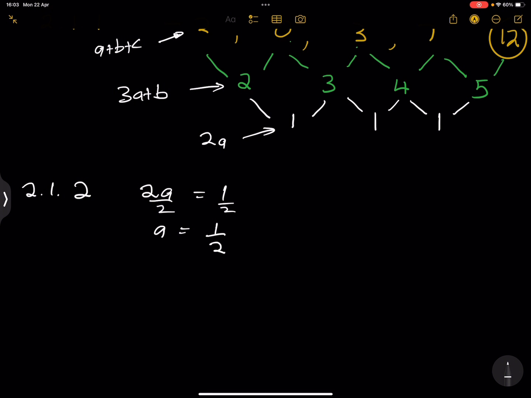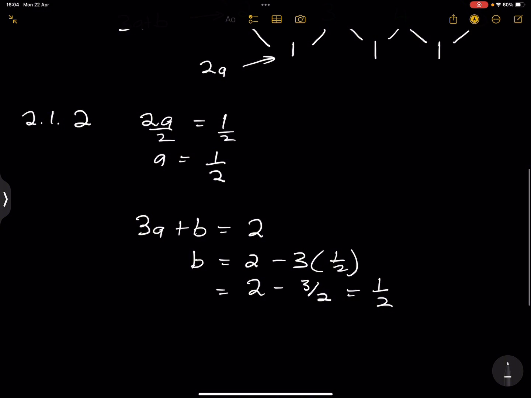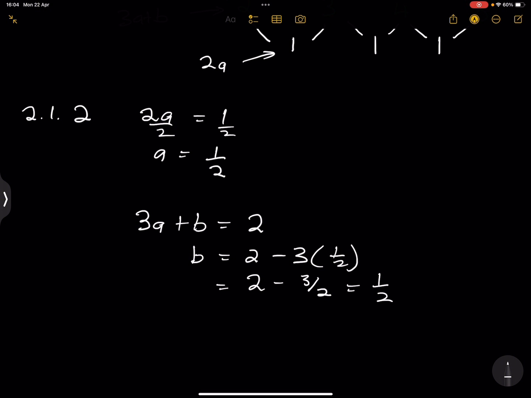And in this case, to get the value of B, we say 3A plus B will be equal to 2. So B will be 2 minus 3 times A. But remember, A is 1 over 2. So this will be 2 minus 3 over 2. And so that will also give us 1 over 2. And finally, we're looking for the C value.